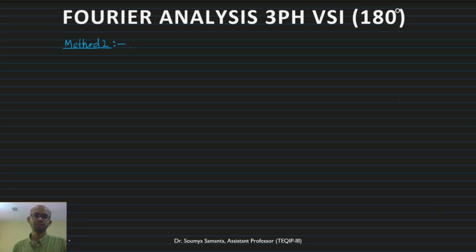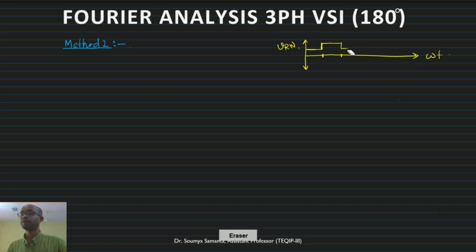So what is the waveform structure? If I find out, that is omega t and VRN. Initially it starts with VDC by 3, then it is 2 VDC by 3, next 60 degree, then again VDC by 3.